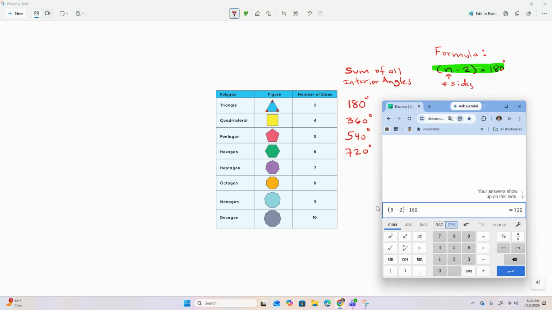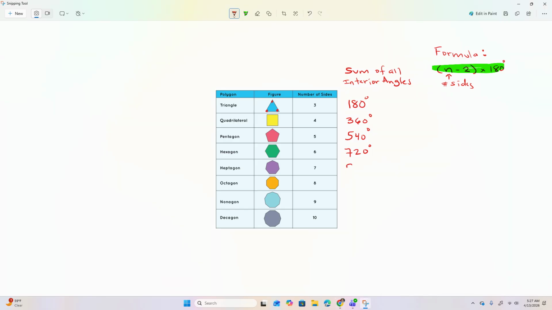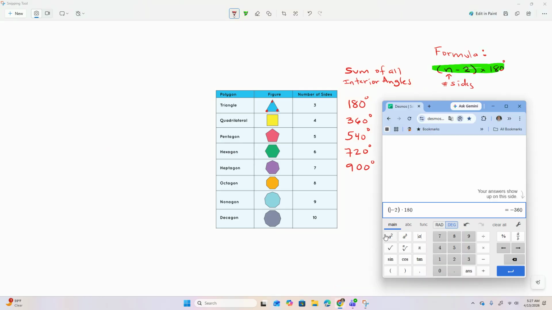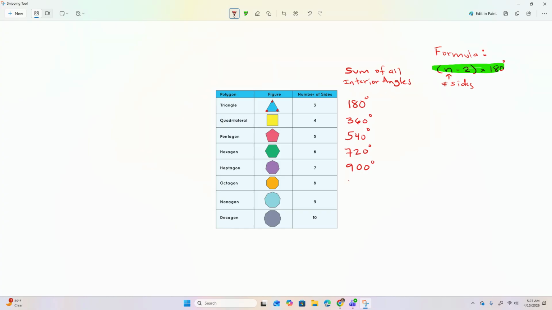Heptagon, a 7-sided shape. Okay, so replace the N with 7. And look what I got, 900. Let's keep going. Octagon, 8 sides. So change the N to 8. And look what I got, 1080. So this is how you do this.